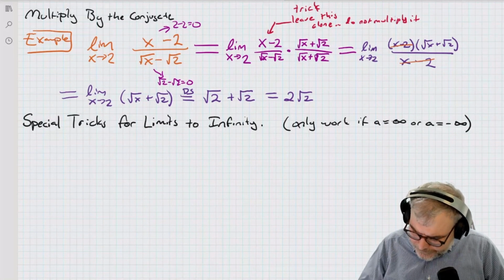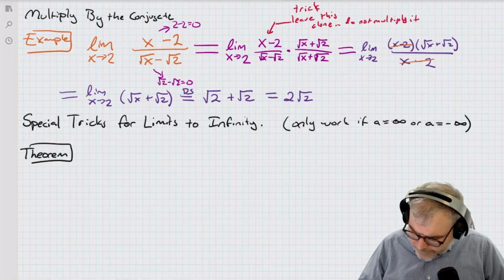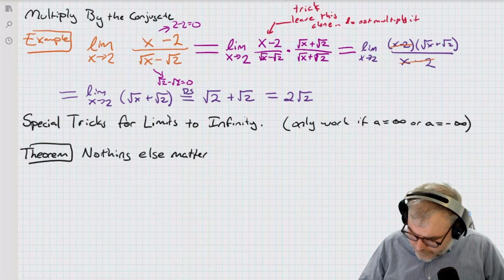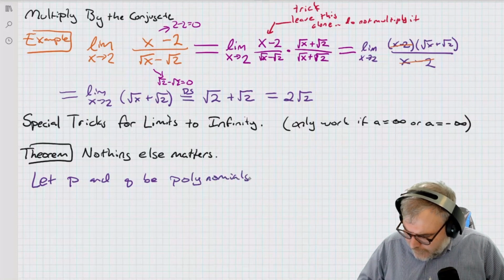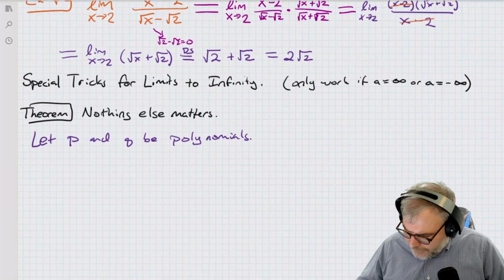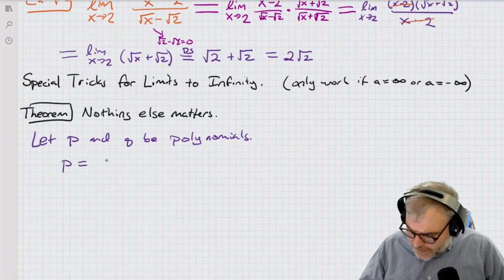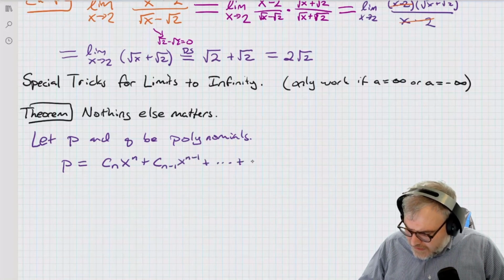Theorem. Let P and Q be polynomials. P equals Cn x to the n plus Cn minus 1 x to the n minus 1 plus dot dot dot plus C1 x to the first plus C0.